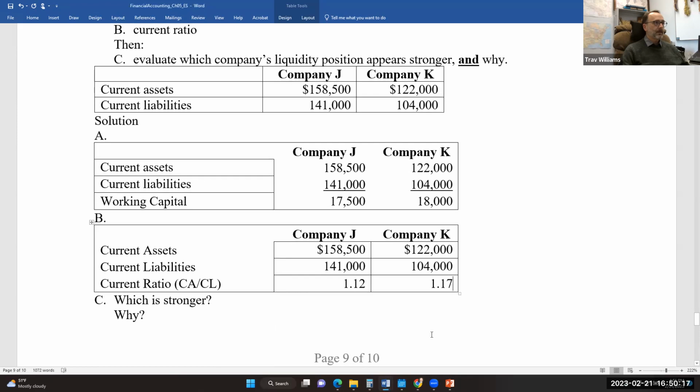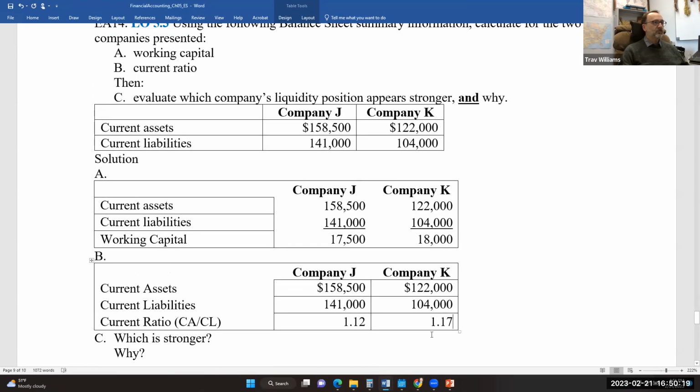Okay. Which company has the stronger liquidity position? Well, there are 2 ways for us to look at it. One is to look at the working capital and compare that. Another way is to look at the current ratio. So if we look at the working capital of the 2 companies, we see company K has more.